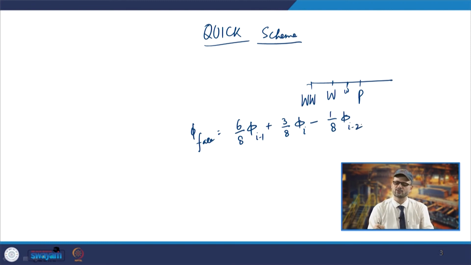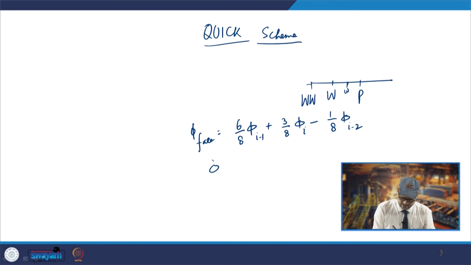So, this is the P point, where you are calculating the face here, and this will be I, this will be I minus 1, and this will be I minus 2. So, you are taking 6 by 8 of this portion, 3 by 8 of this portion, and minus 1 by 8 of this portion.